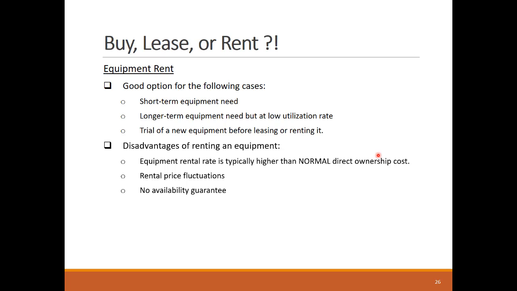Also, rental rate and equipment availability typically fluctuate over the seasons. The rental agreement will specify the repair and maintenance responsibility. Except for cranes and shovels, the renter is responsible for the maintenance of most equipment types.